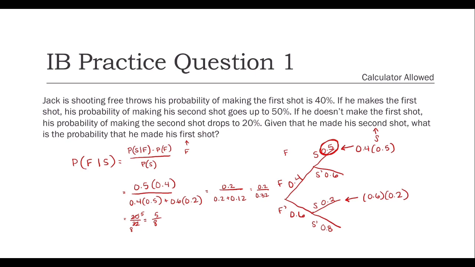So there's a 5/8 probability. So given that he made his second shot, the probability that he made his first shot is 5/8.